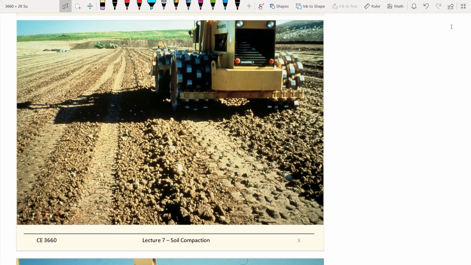You have an open site preparing for the final grade, and a sheepsfoot compactor passing through the very last layer of fill material. As the compactor passes through the site, the weight of the machine does the soil compaction.